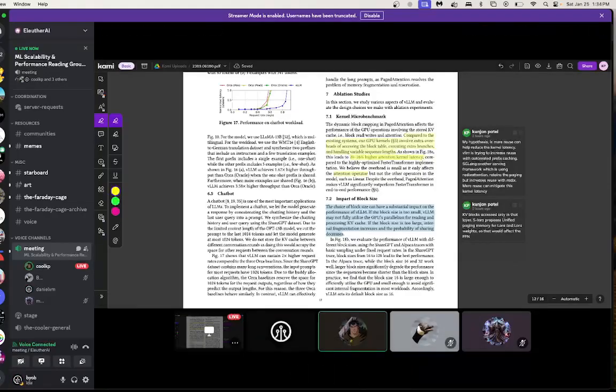But there is a paper called S-LoRA, which proposes building on paged attention to have a unified paged memory for low rank adapter decomposition matrices.